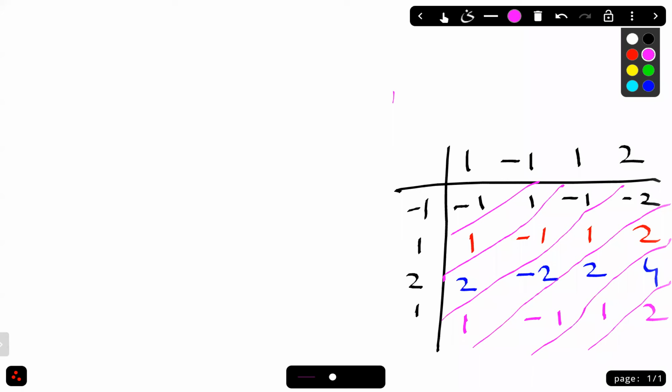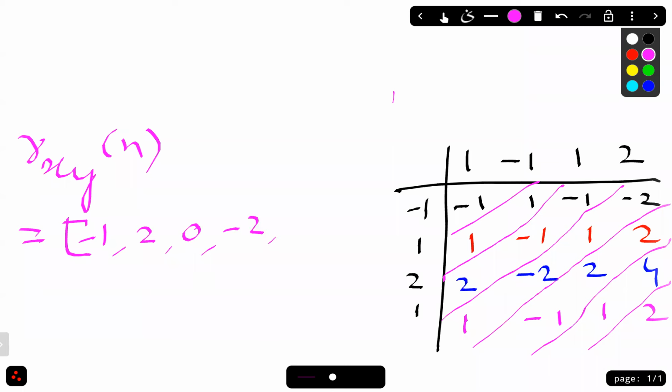So what is the answer? Minus 1, 2, just a minute. Rxy is equal to, we are writing it is minus 1, comma 2, comma 0, comma minus 2, comma 3, comma 5, comma 2. Right? How many of you have got this answer?